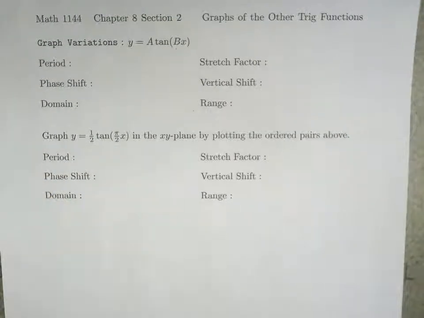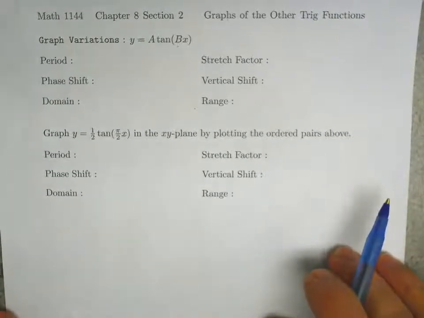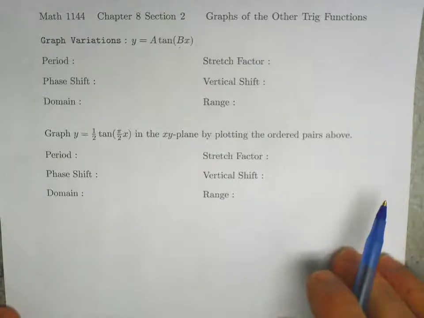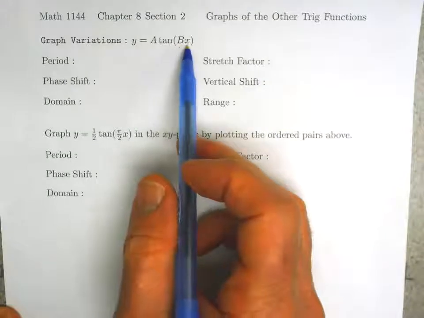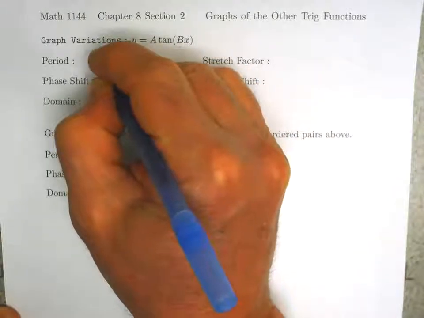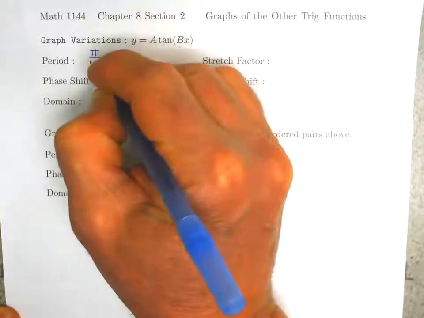Okay, we'll consider graph variations of y equals a times tangent of bx. Since we have b times x, the period is pi divided by the absolute value of b.